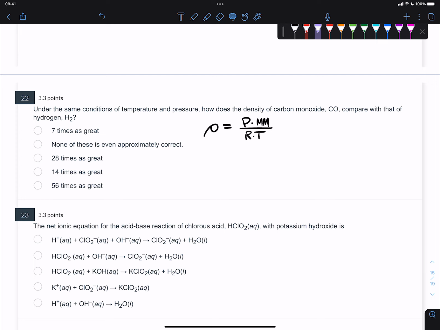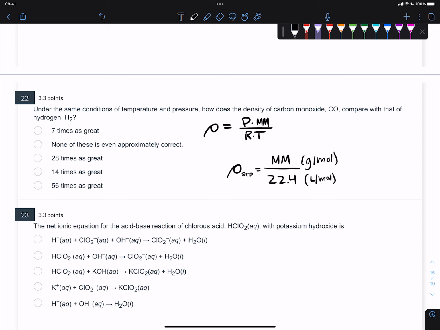So with that being said, we can actually simplify this equation because the density of a gas at STP is simply equal to the molar mass of the gas, which is going to be measured in grams per mole, and you divide that by 22.4, which is the volume of a gas at STP, in liters per mole.